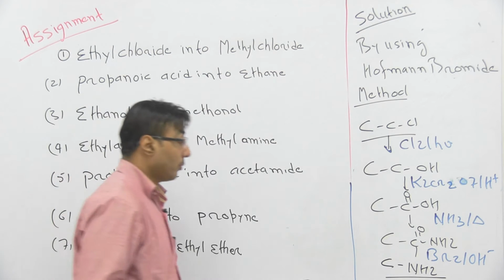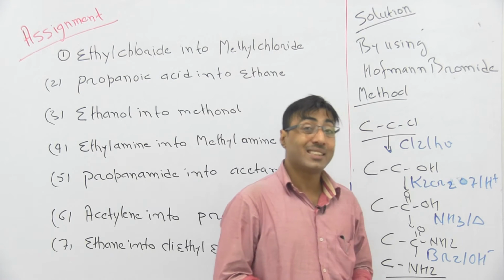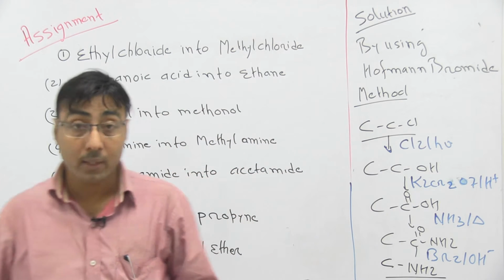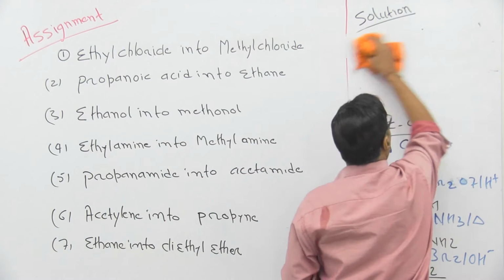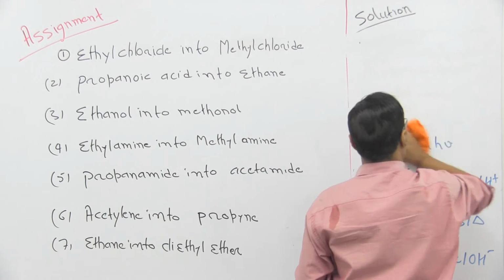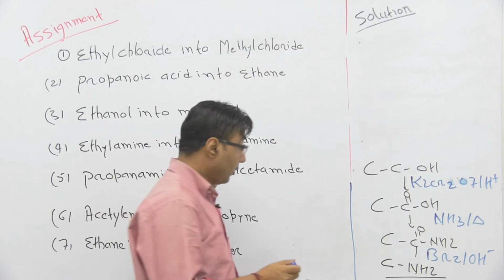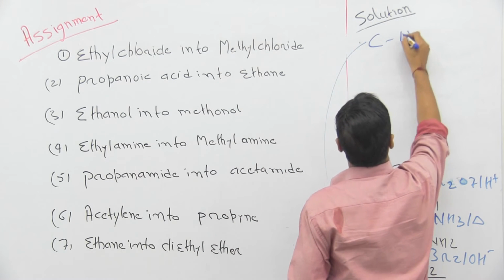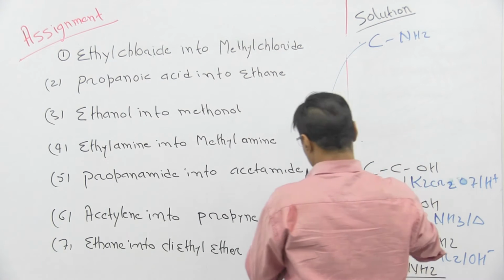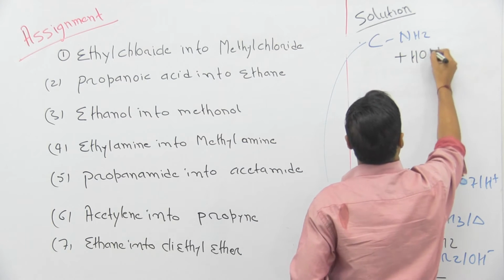So we came up to CNH2, but our requirement is CCl. So how to convert? CNH2 plus HONO.